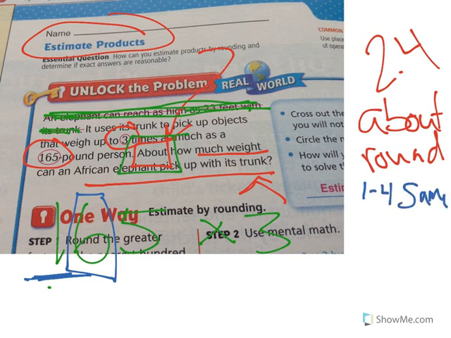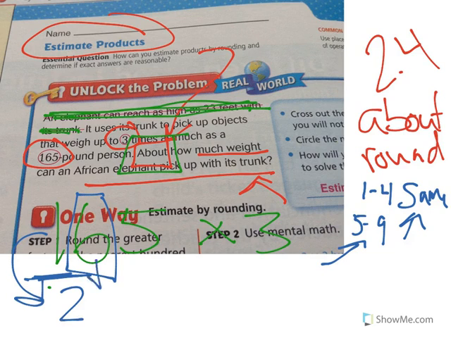If it's 5 to 9, that one will go up 1 and everything else becomes zeros. So where does 6 fall in? You got it. It falls between 5 and 9. So the 1 then becomes a 2 and everything else comes down as a 0.